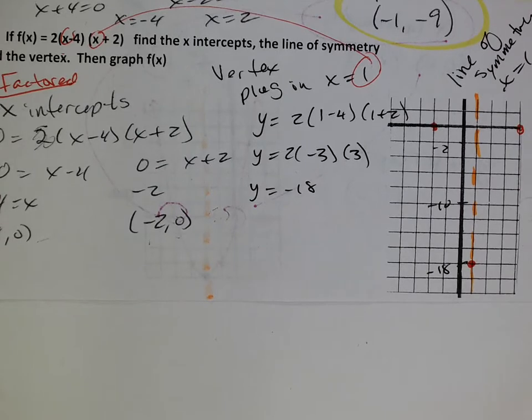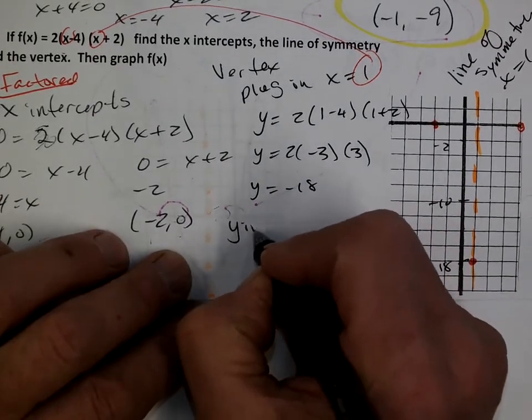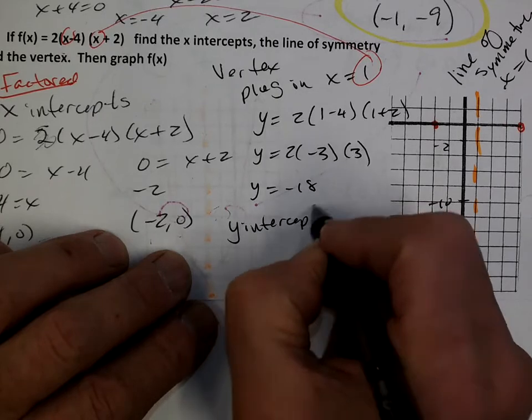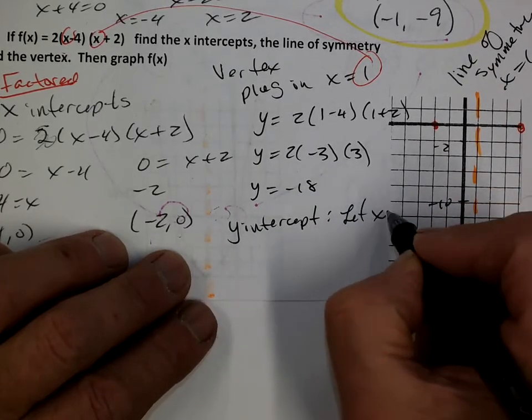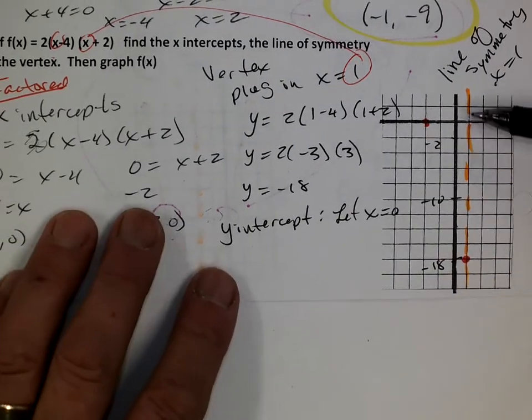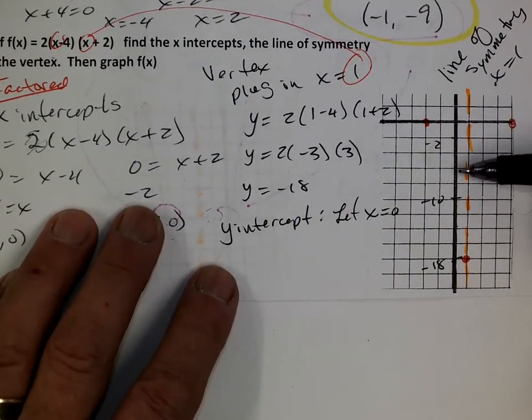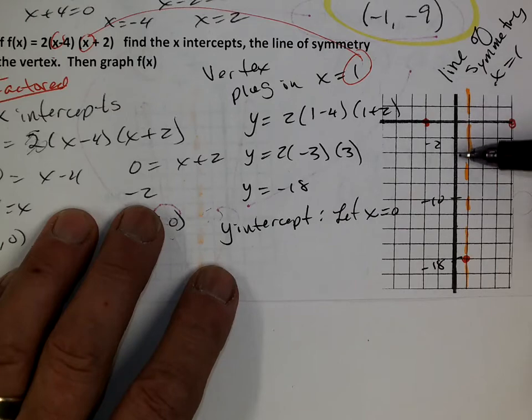I need one more thing, that's my y-intercept. But I'll let you guys get caught up. So for the y-intercept, we let x equal 0, because it's got to be on this line.